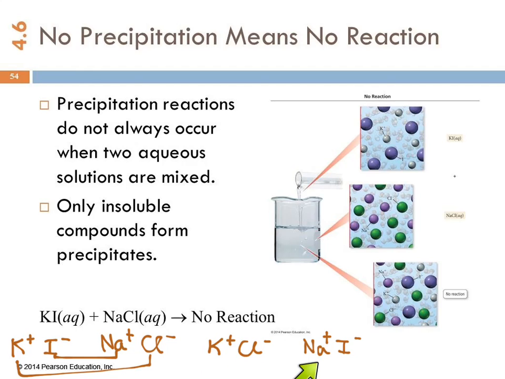All sodium compounds are soluble. Most iodide compounds are soluble. This is not an exception. They are also going to mingle. So we say there's no reaction. Nothing happened. Just things mixing. That's not a chemical change. It's just mixing. It's a physical change, but not a chemical change.